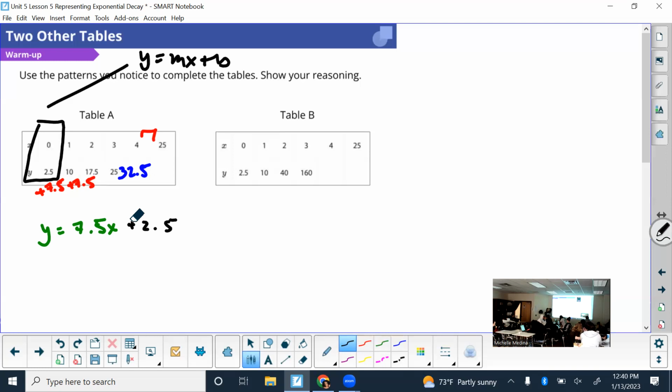Make sense? All right, so now when you have stuff that is adding or subtracting by the same amount each time, put it into slope-intercept form. Rate of change is your slope, your starting amount is your y-intercept. So now I can easily find when x is 25 by plugging in the 25, table 8.